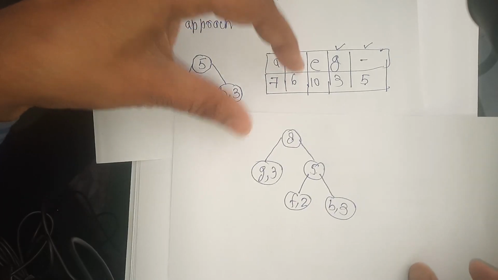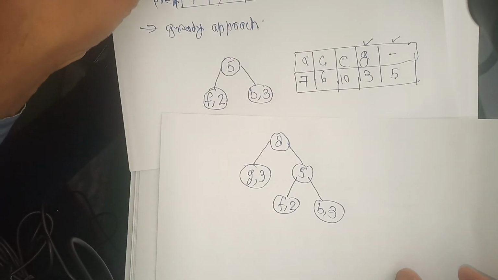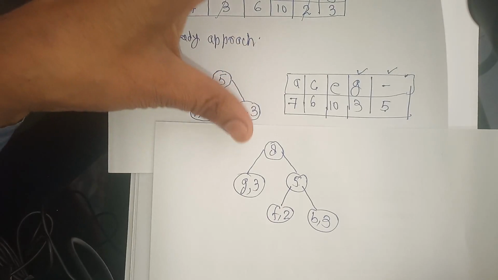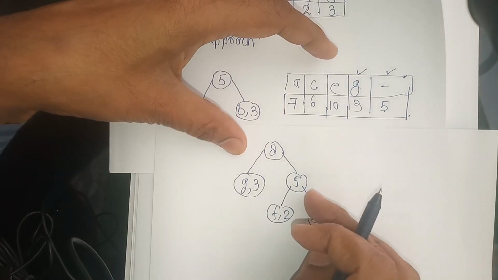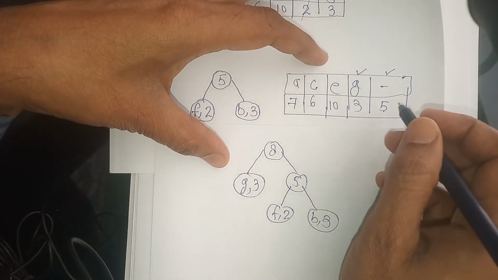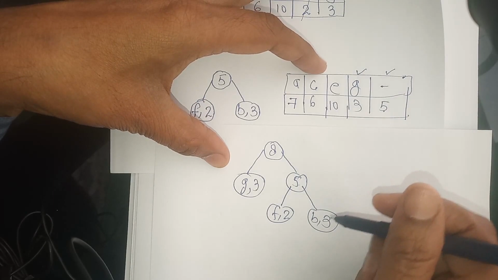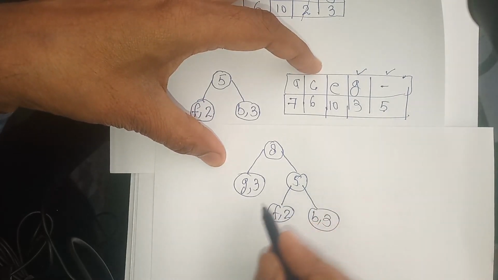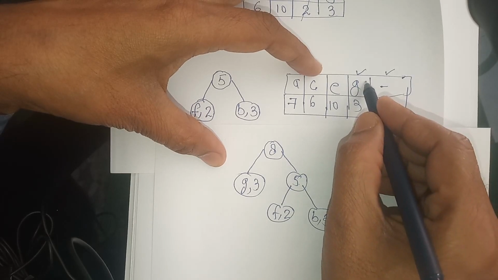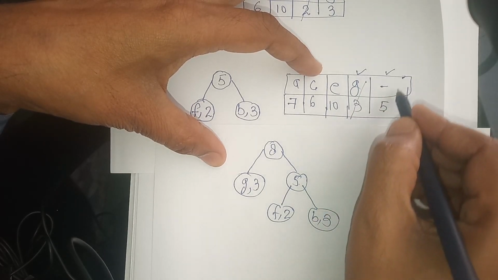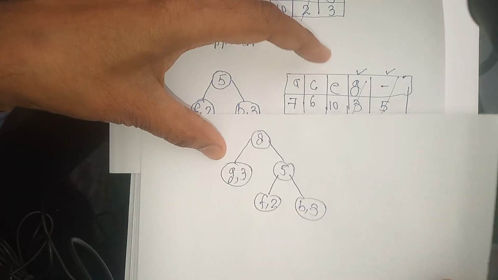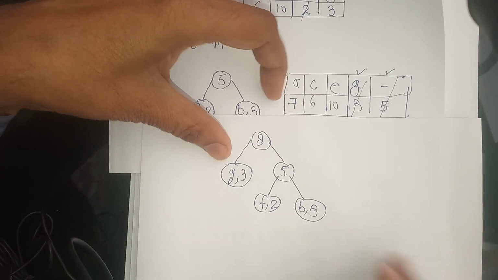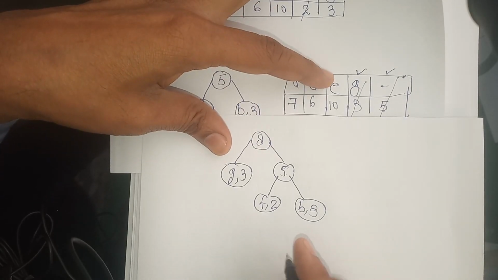Now we again delete these characters, or nodes, which we have considered, from the table. G will be deleted from here, and this tree 5 will be deleted from here. Now see, A, C, E are left.